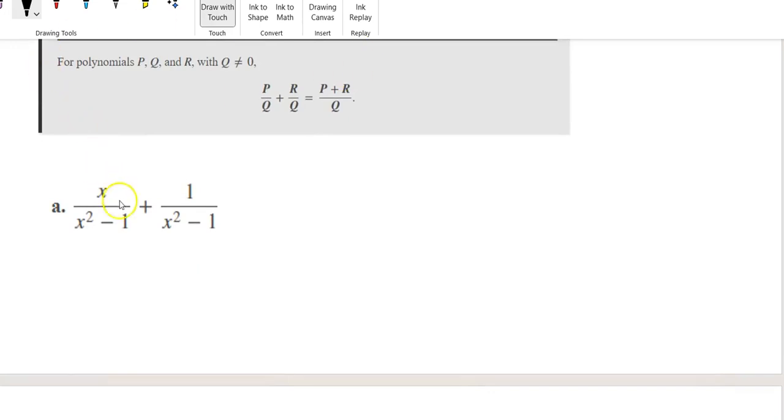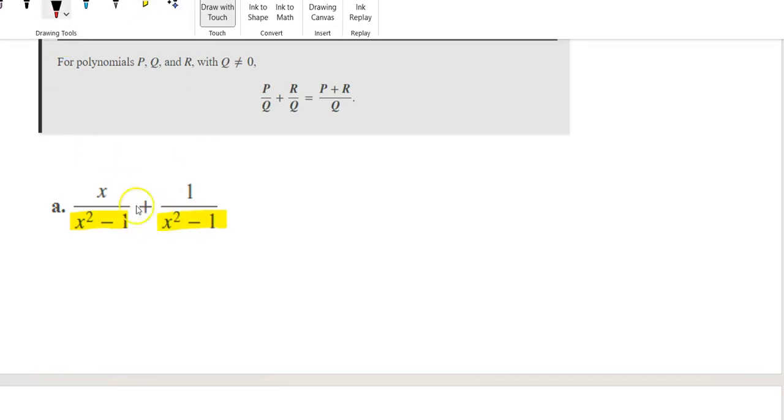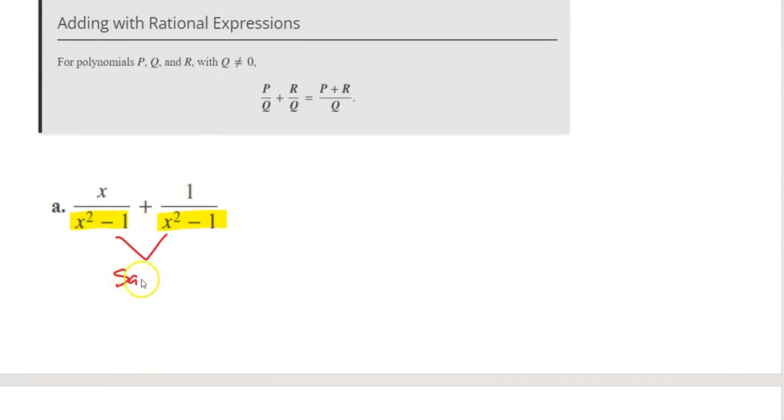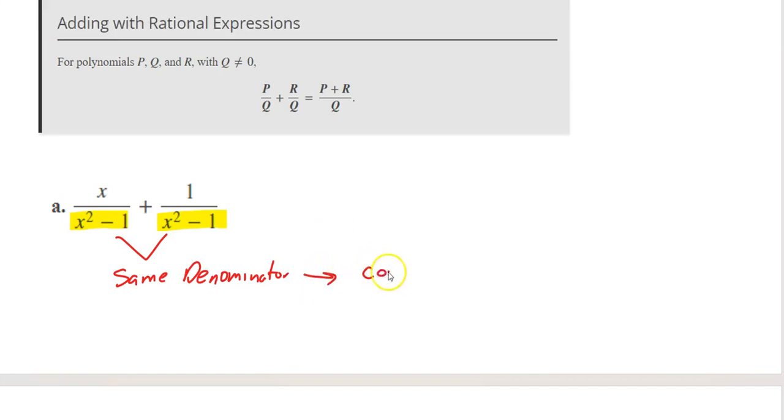Looking at this first example here, I want you to see same denominator here, same denominator here. Whenever you have the same denominator, you can combine them under one denominator.